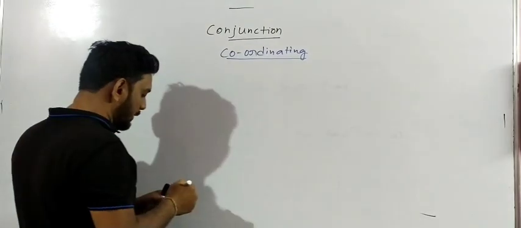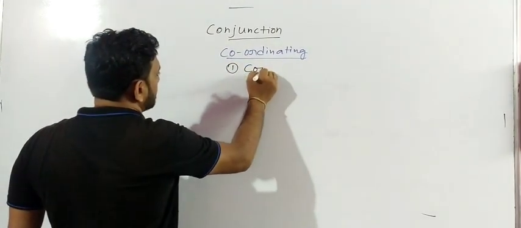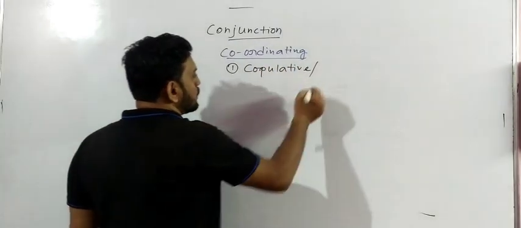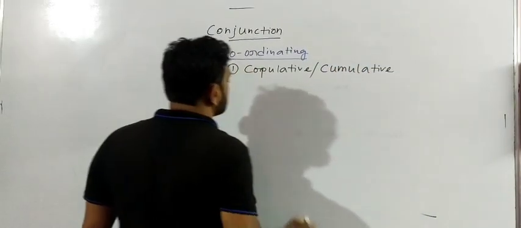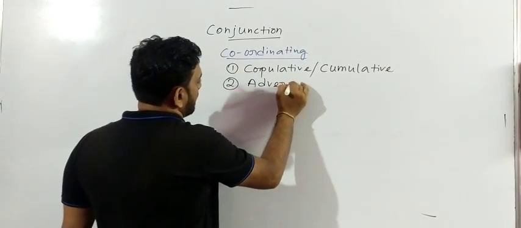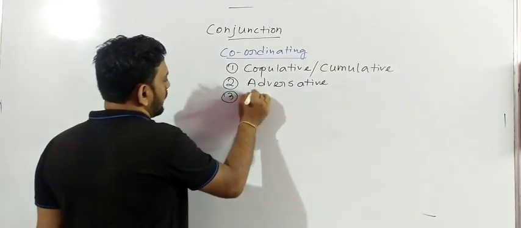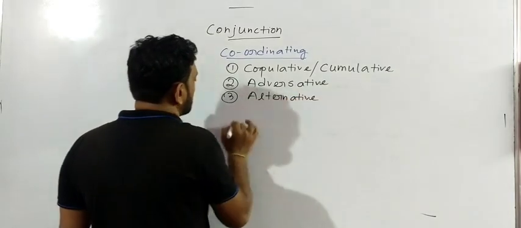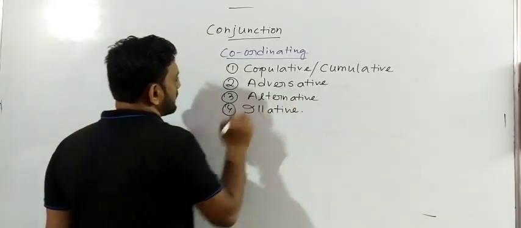First one is known as copulative, or we can say cumulative, conjunction. Second one is adversative coordinating conjunction. Third one is alternative coordinating conjunction, and fourth one is illative coordinating conjunction.